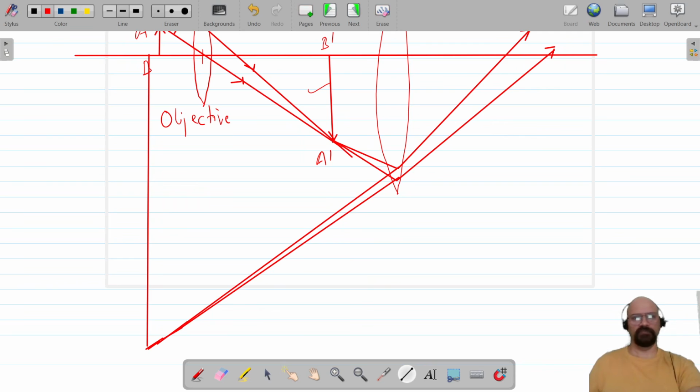So this is the image formed at the least distance of distinct vision, and its final image is enlarged and virtual.